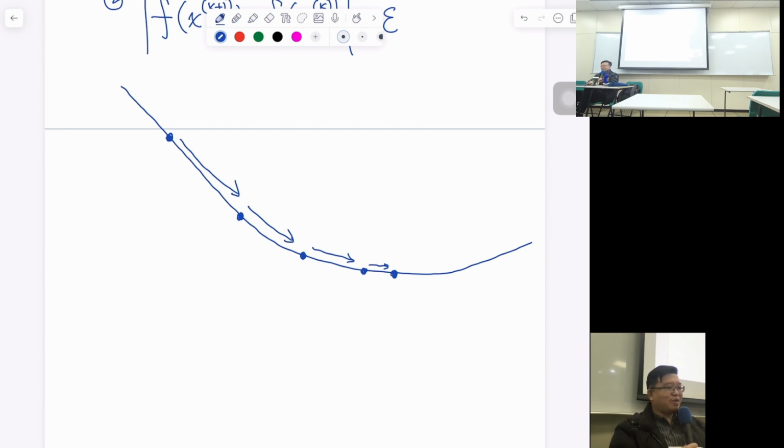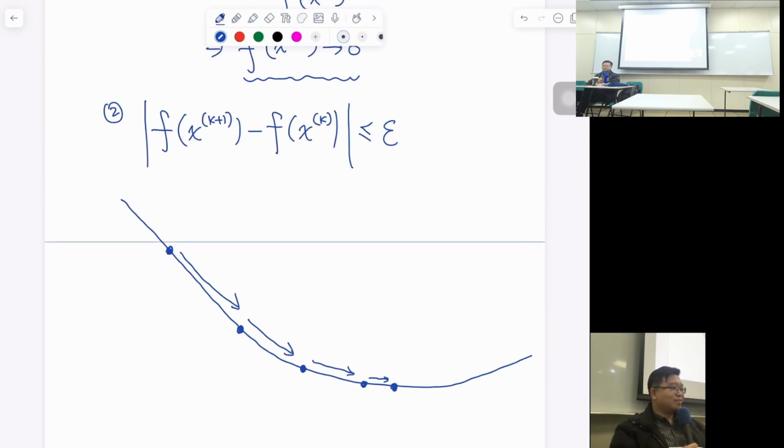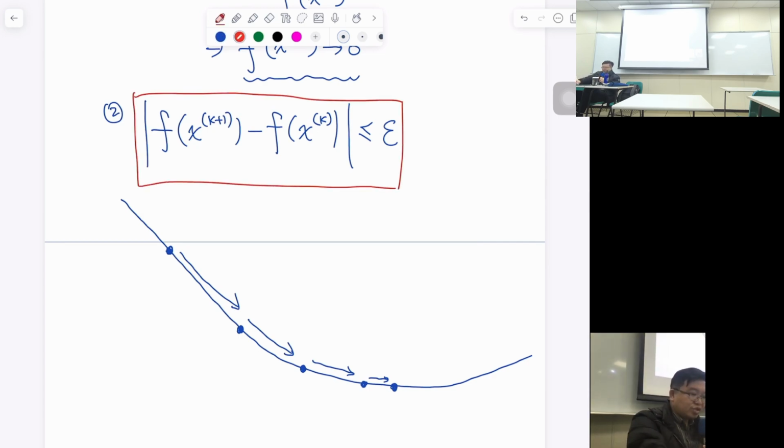So sometimes people believe you can stop. So if you use this second criteria, you may reach a very flat position, even if your x moved a little bit, but your function value has no change. You can stop. Okay, so this is a second kind of criteria that you use.